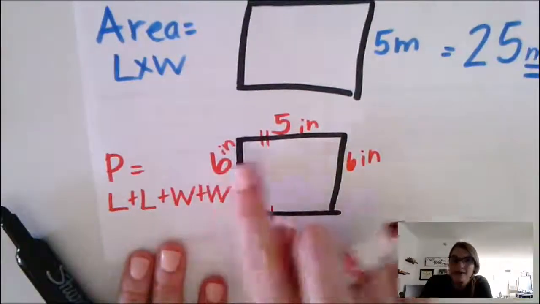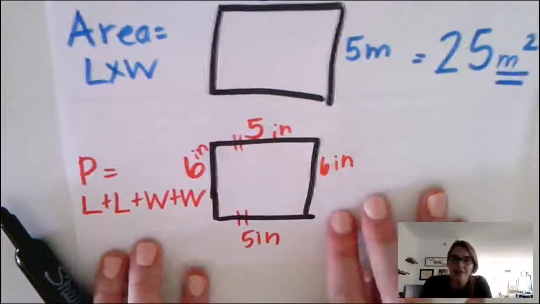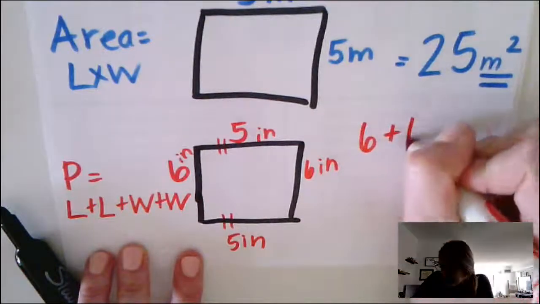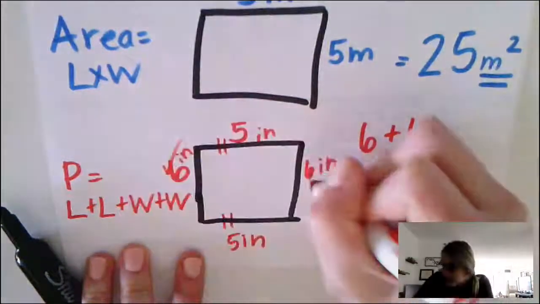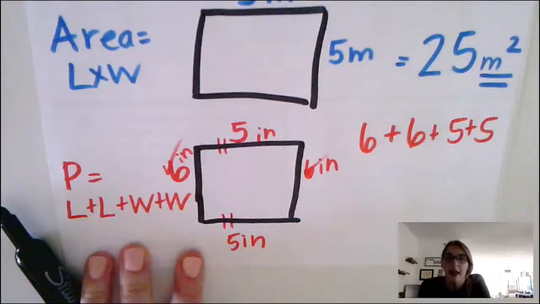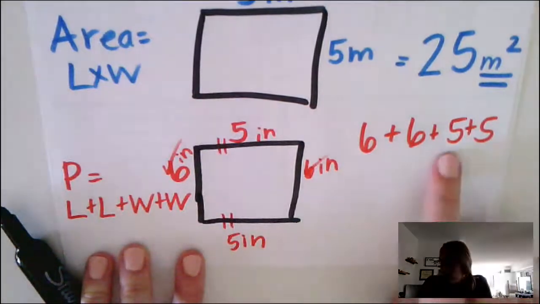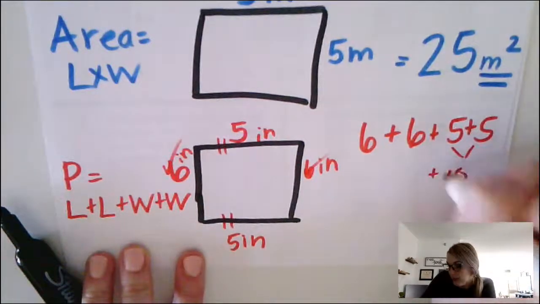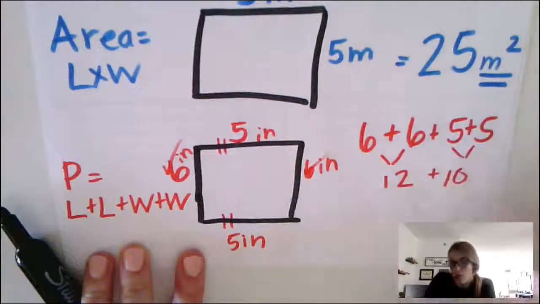So now let's add up all of these sides to figure out our perimeter. We have 6 inches plus 6 inches, check, check, plus 5 inches plus 5 inches. We added up all the sides. I know that 5 plus 5 is 10, and I know that 6 plus 6 is 12.